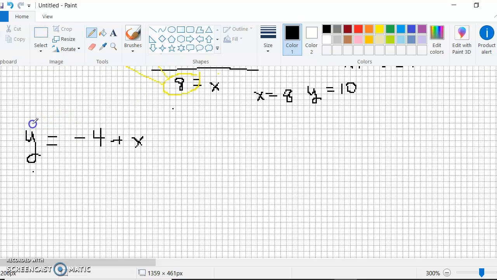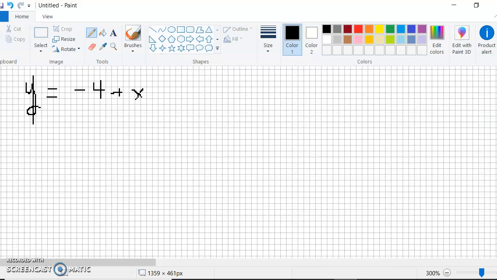Okay, and y is equal to x, and I'm going to say plus this time, plus 8. Okay, all right, and let me make this a 2.